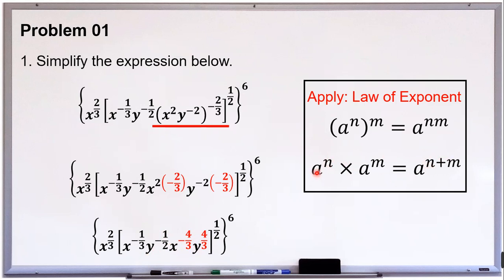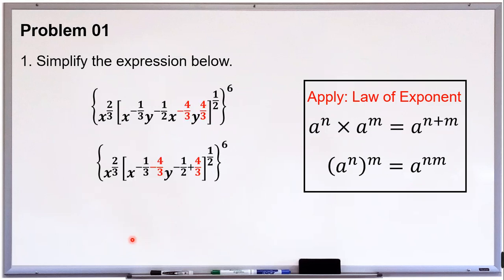Now, if you have a raised to n multiplied by a raised to m, in this case, we have the same base a and raised to a different exponent. So to simplify this one, simply copy the base and then add their exponents. So you now have a raised to n plus m. So we're going to use this law to simplify the expression inside this brace.